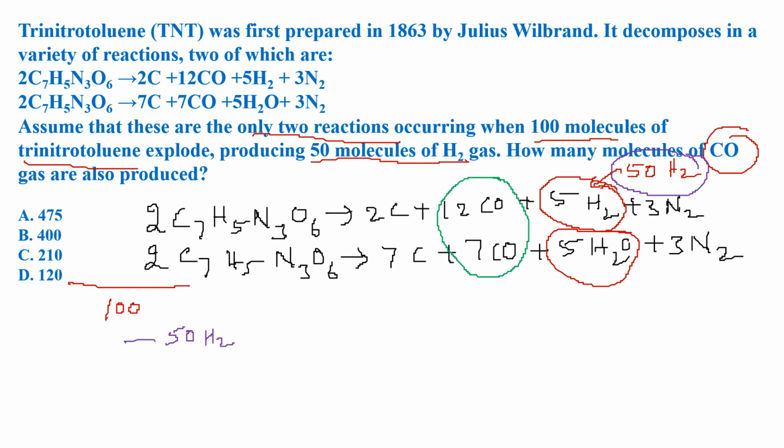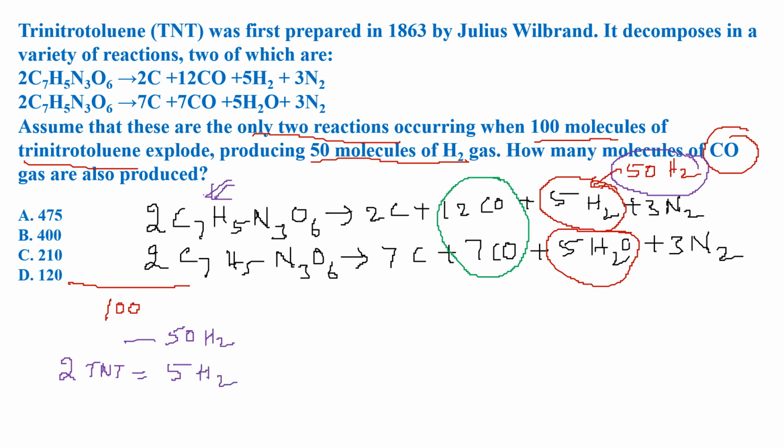So here generally we'll go for the first reaction, this one. Here two molecules of TNT, that is trinitrotoluene, produce 5 molecules of H2. Initially I am calculating.